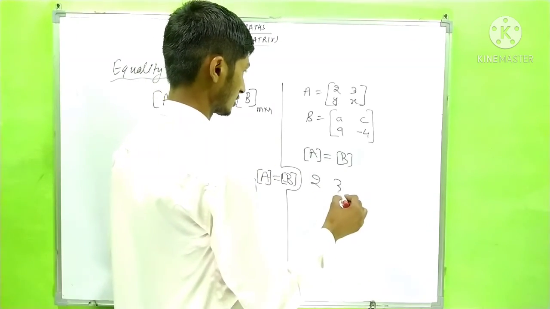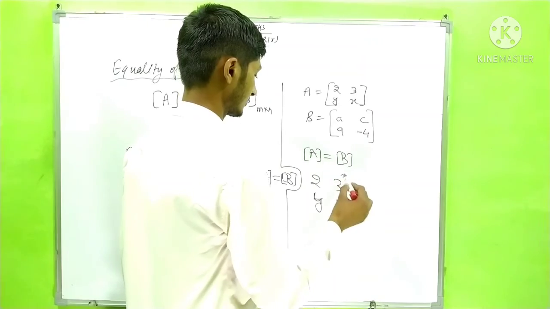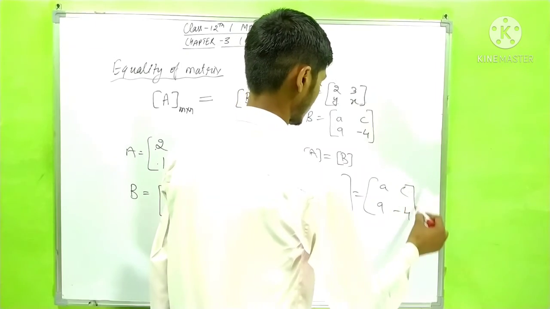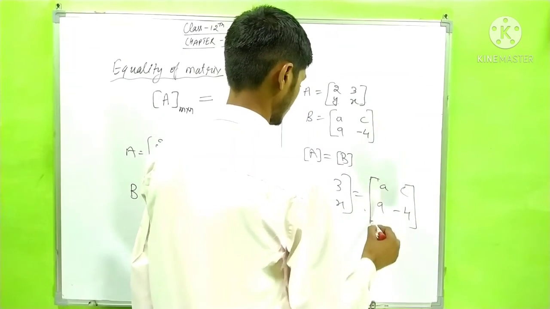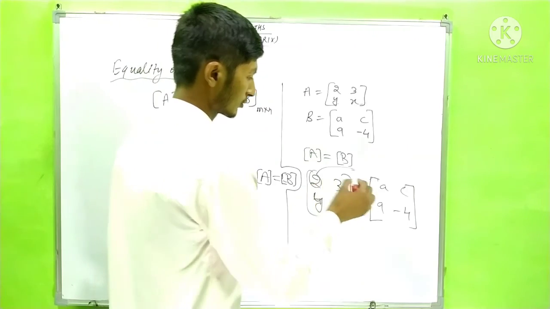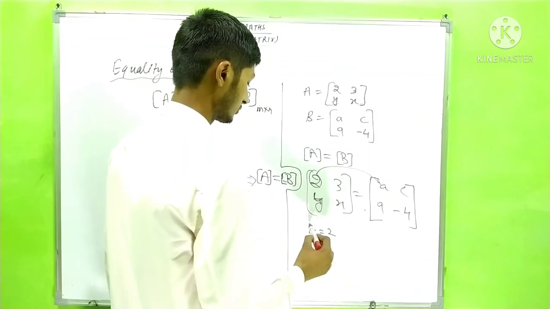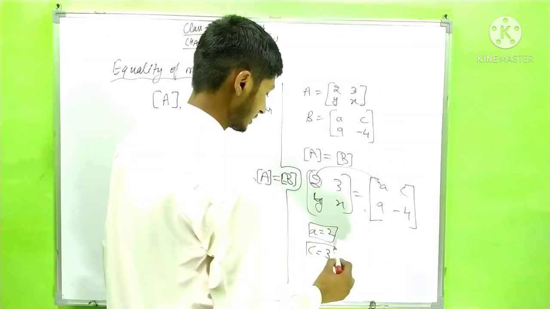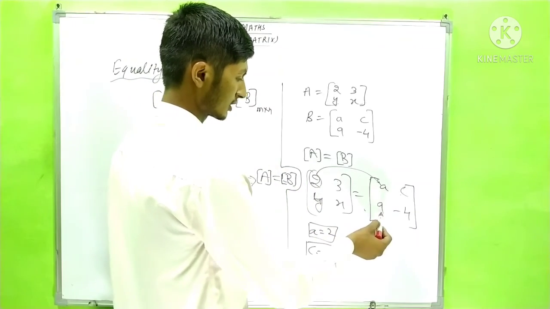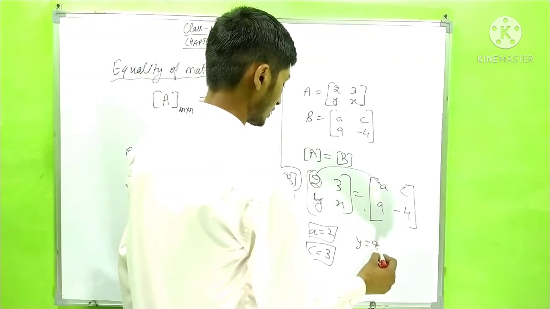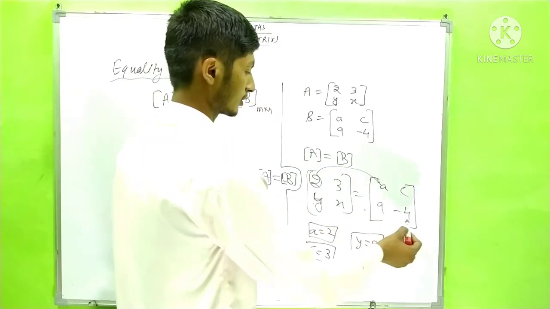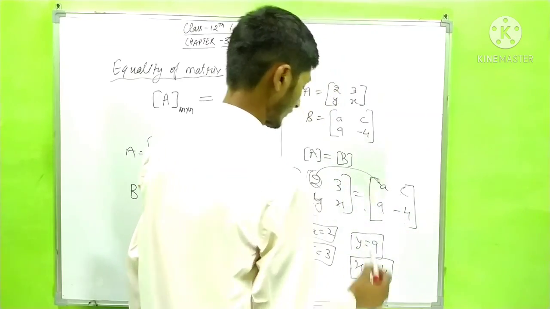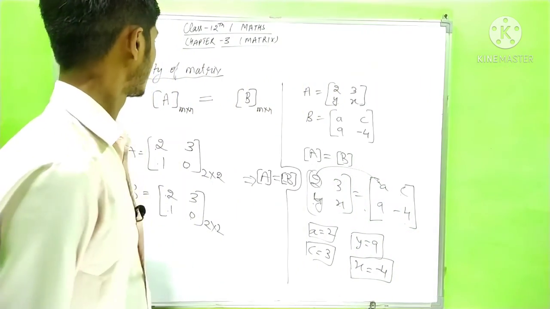It means 2, 3, 4, y, x equal A, C, 9. This value is equal to this. It means A is equal to 2, and this value is equal to this. It means C is equal to 3. This element is equal to this, y equals 9, and similarly x equals minus 4. This is the equality of the matrix.